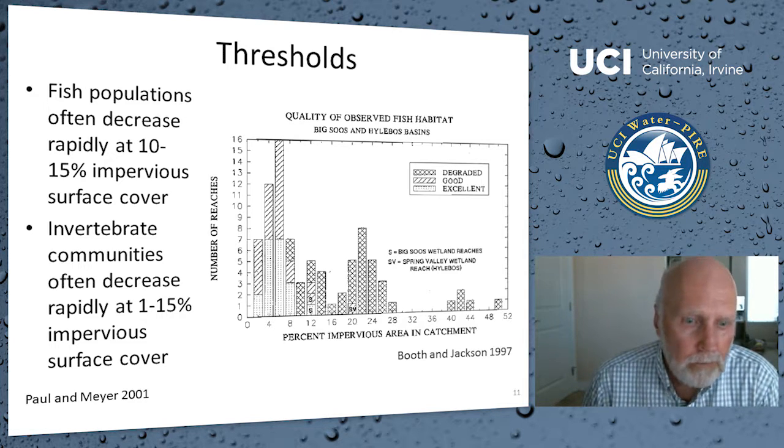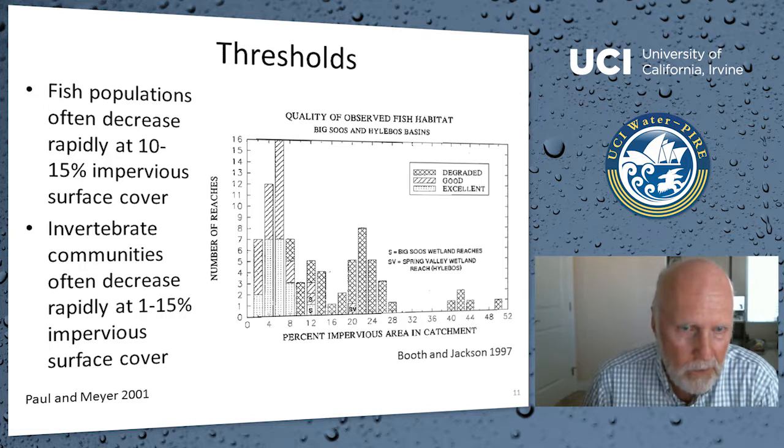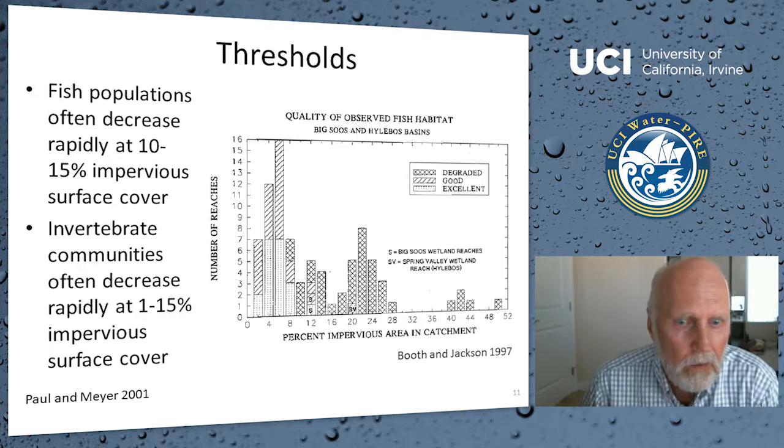And the graph just gives an illustration of this from some work that was done in Washington, and you can see the stippled bars are where the habitat was in excellent condition, and the hatched bars are in degraded condition. There's a pretty quick switch from excellent to degraded right around 10% or so.